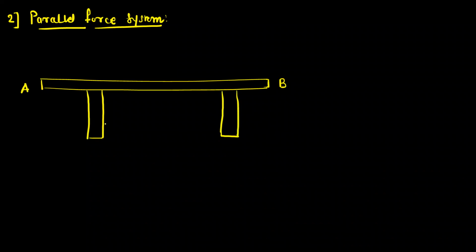These are the two supports of that table, C and D, and two persons are sitting on this table. Person 1 has weight W1 and the second person has weight W2.